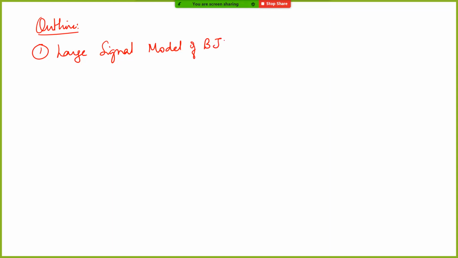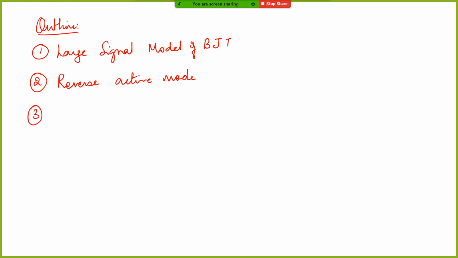If you want a brief outline, what I will try to do today is to introduce the large signal model of BJT. Secondly, we will look at what is called the reverse active mode of the BJT.